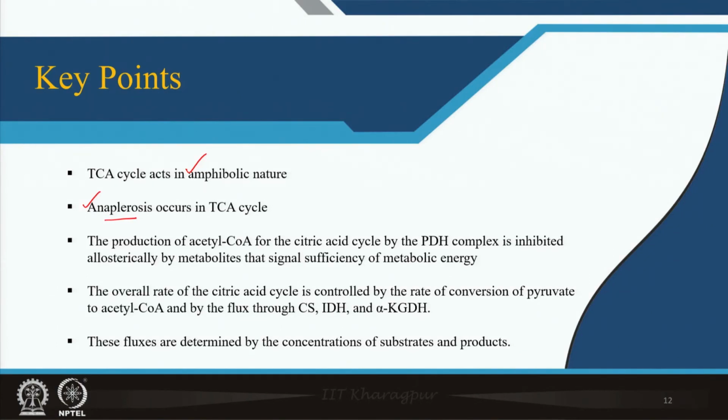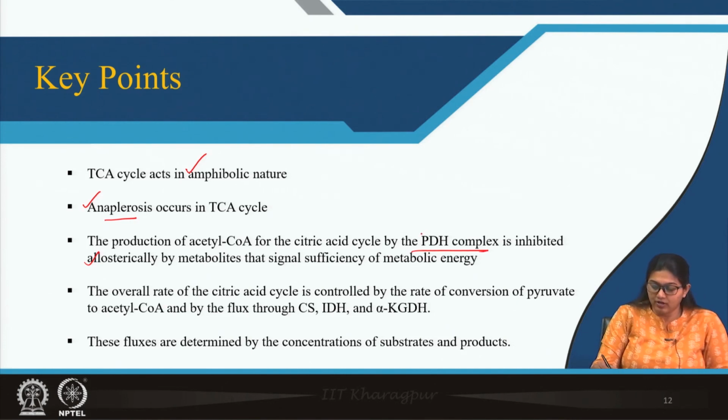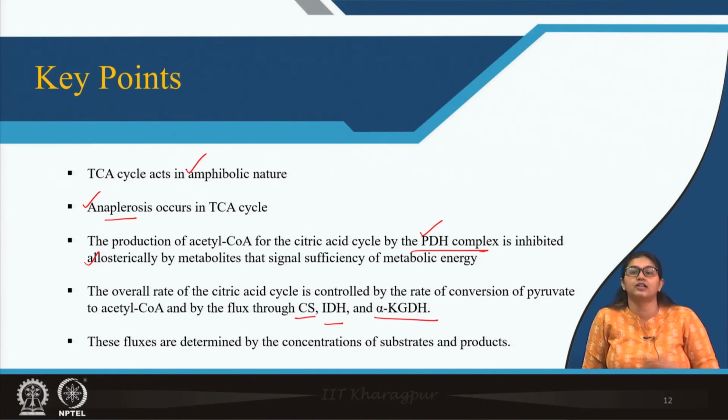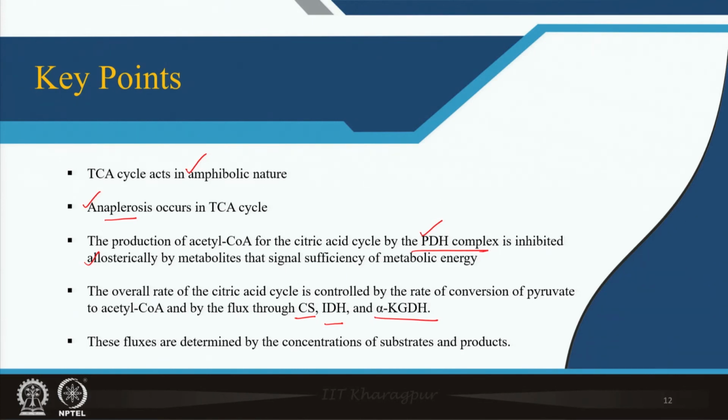The production of acetyl coenzyme A for the TCA cycle is by the PDH complex, and the PDH complex is regulated allosterically as well as by covalent modification. The triggers for all the enzymes, like pyruvate dehydrogenase complex, citrate synthase, isocitrate dehydrogenase, or alpha ketoglutarate dehydrogenase, are the molecules which signal energy excess or energy demand, and these fluxes are also determined by different substrates and products.